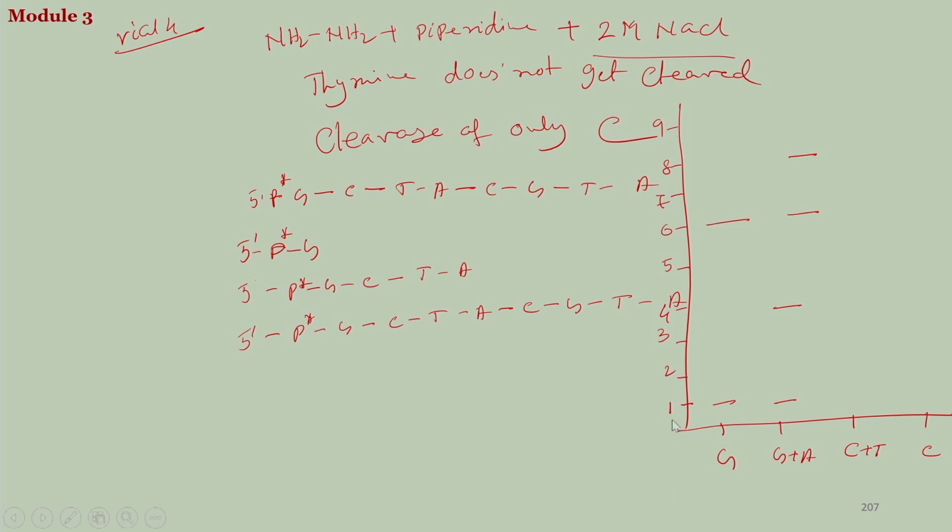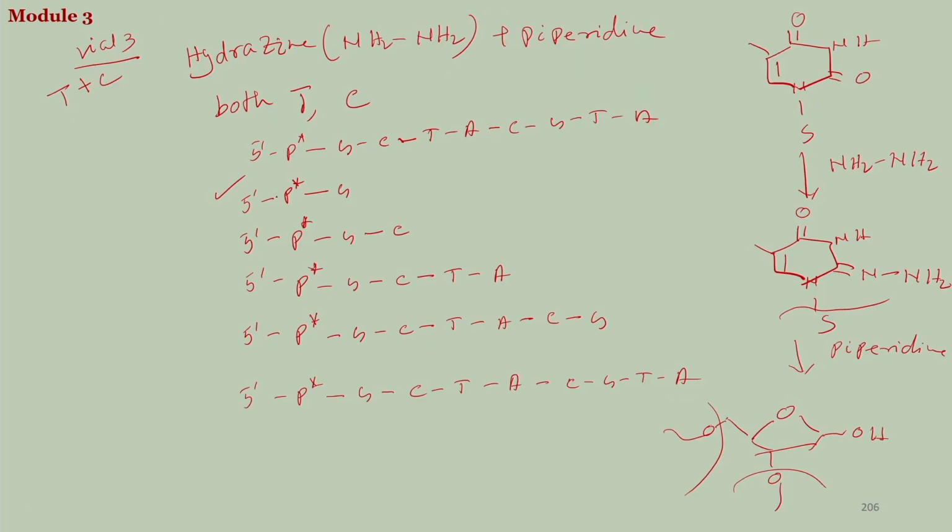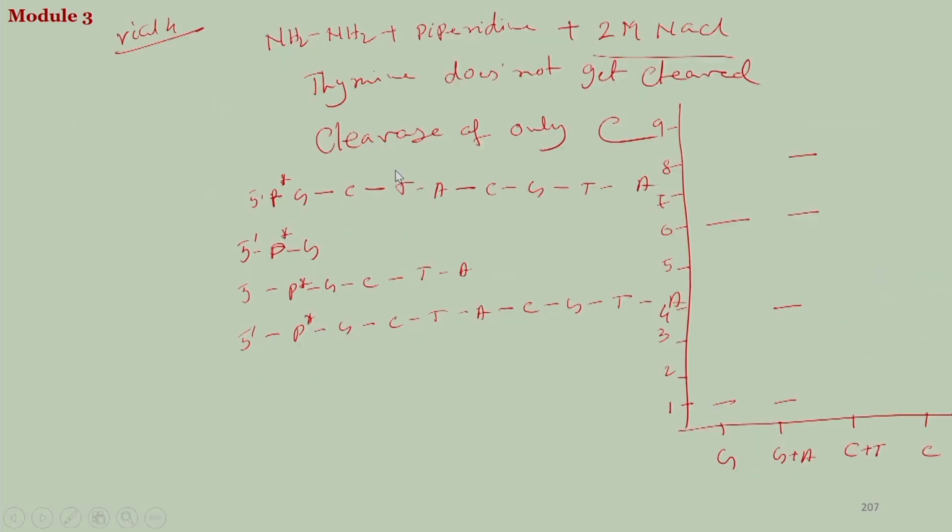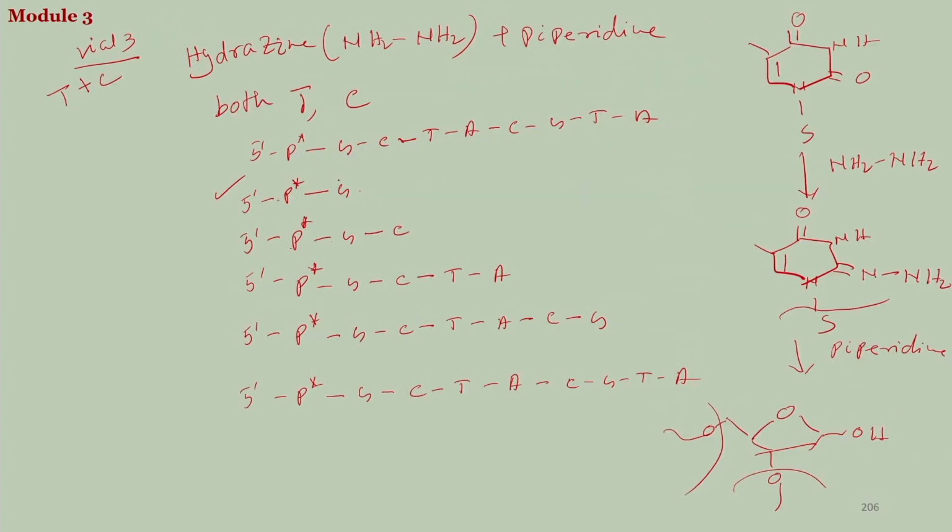So, vial 3 is C plus T. What you have is bands at 2, 3, 5, 7 and 9. So, 5, 7 and 9 I guess.